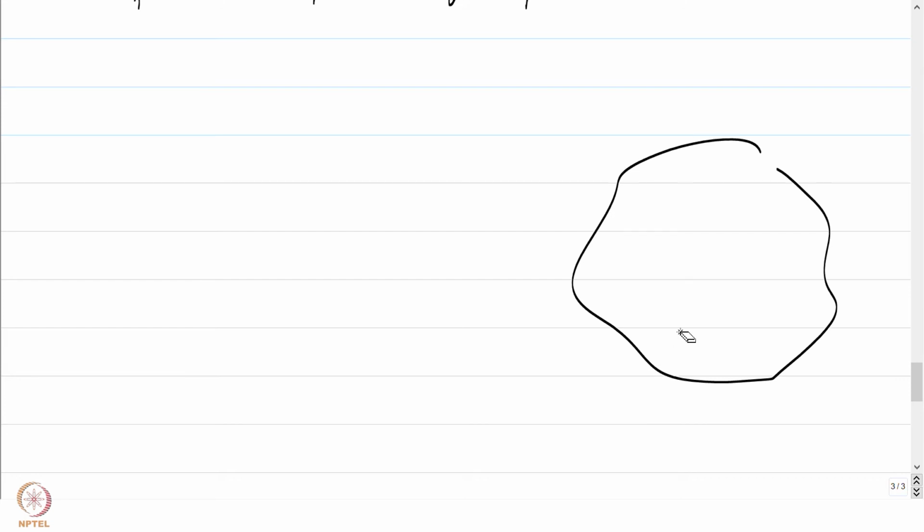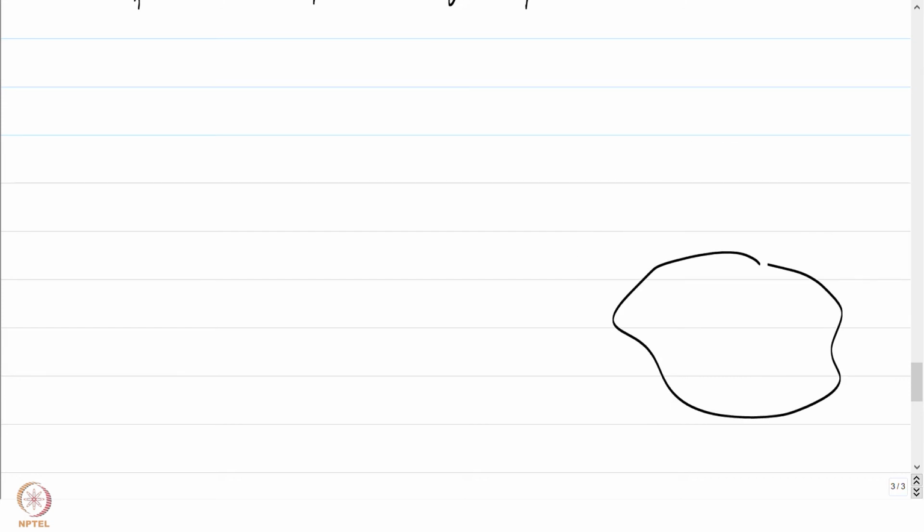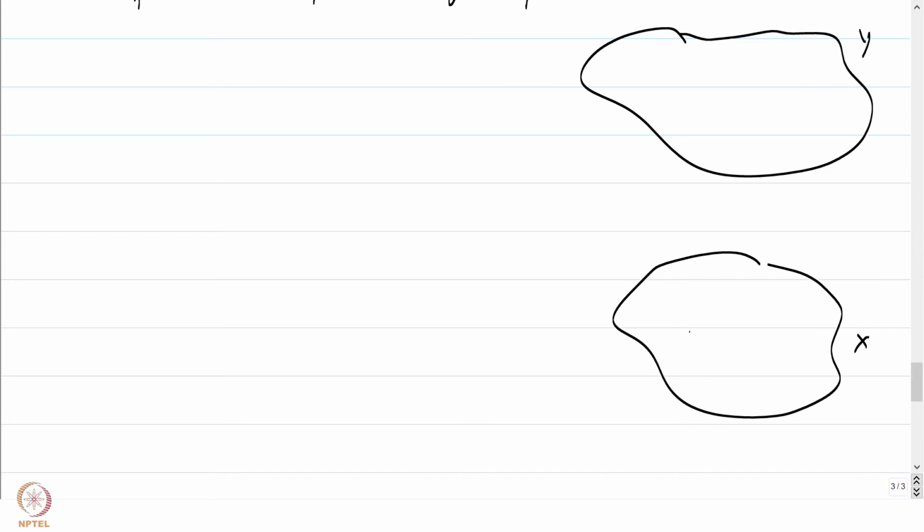Let me just draw the picture for you to make things clear. We have our x here and we have our y here, and suppose we have a homotopy of curves. Let's say this is our z1 and this is our z2. This is gamma 0, this is gamma 1, and this is say gamma s. And suppose we are able to talk about the lift.